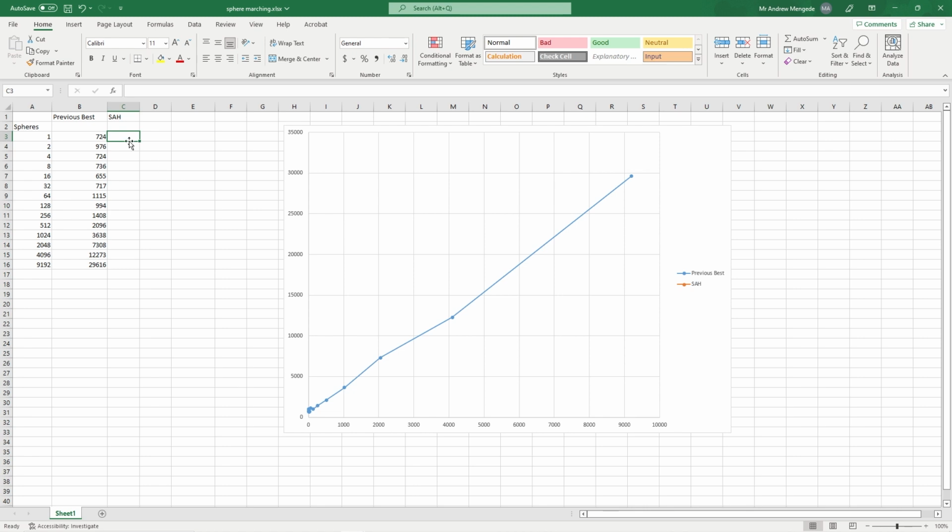So we re-implement it with the new acceleration structure. This already had an acceleration structure, but we're just rejigging it with the surface area heuristic and a bunch of other wizardry. So how does that go?